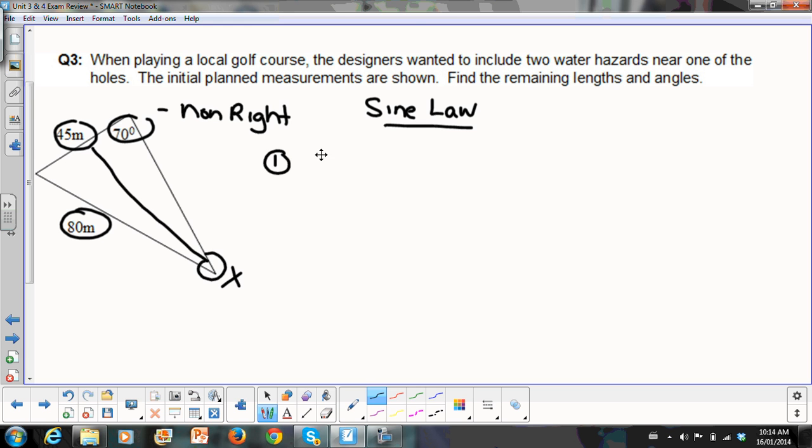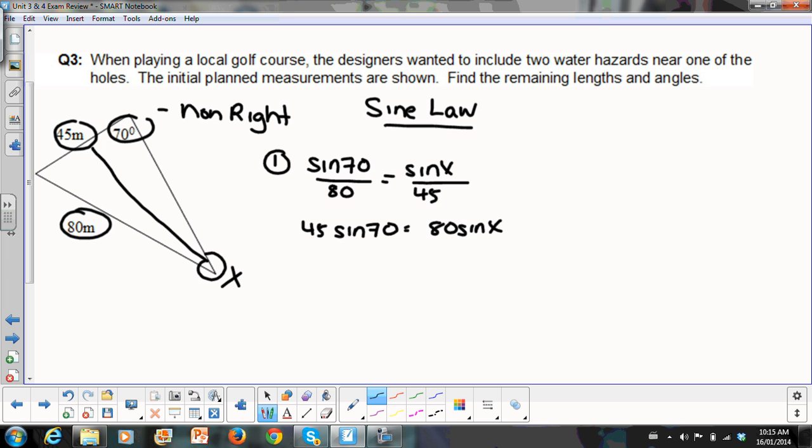So the first step would be to do that. We have the sine of 70 degrees over 80 meters equals the sine of x over 45. We can cross multiply the 45 up on the left and the 80 up on the right. We can divide down that 80. You can skip steps if you are used to it already.